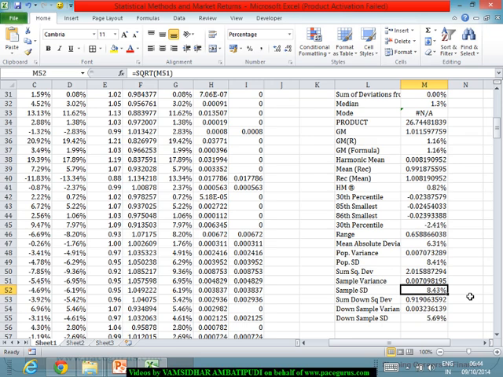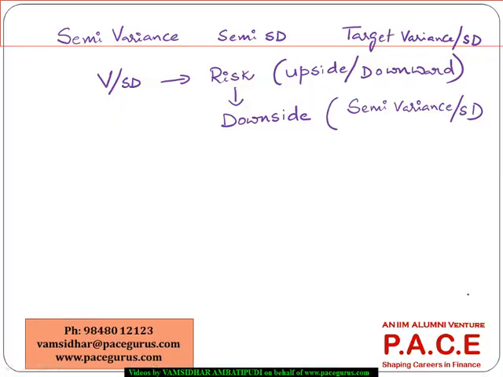So if I am talking about a standard deviation, it looks as if the regular standard deviation that we are considering is overstating the risk. Right, when I am looking at the regular standard deviation, it looks as if it is overstating the risk.